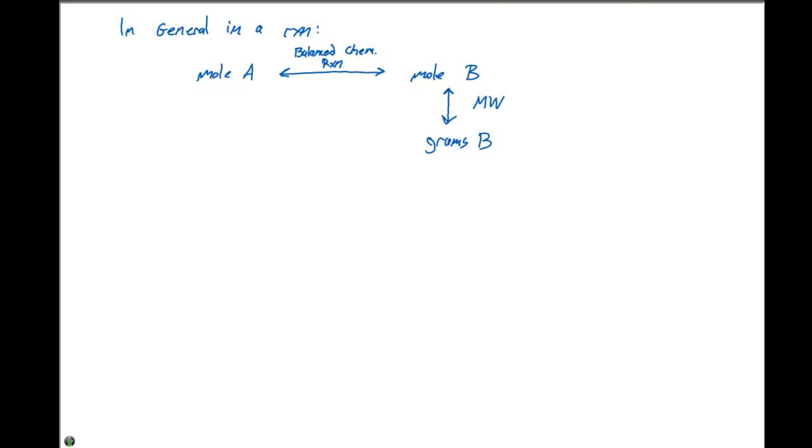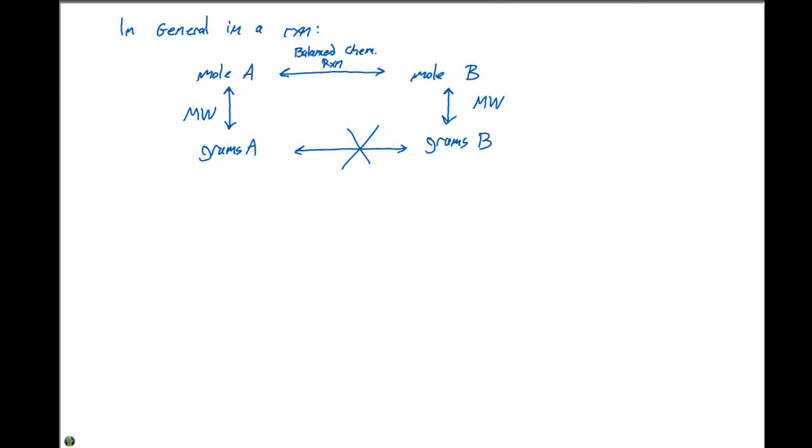Now, we can also go over here to species A and convert moles of A to grams of A, and we can convert grams of A to moles of A. And again, we use the molecular weight in order to do this. Unfortunately, there's no direct step to convert grams of A to grams of B or vice versa.